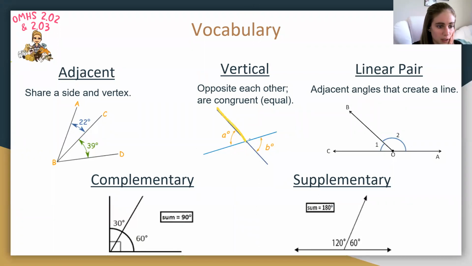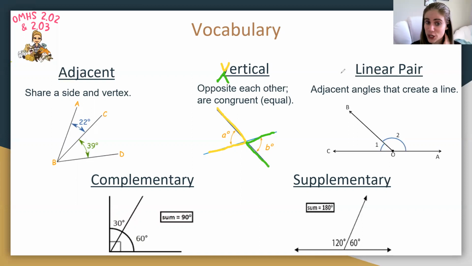So we have a V here for vertical, and then we have a second V here for vertical. So vertical angles look like that. An important thing to know is that vertical angles are congruent, and congruent is the geometry word for equal, which means both of these angles are equal. So if A is 20 degrees, B is also 20 degrees.